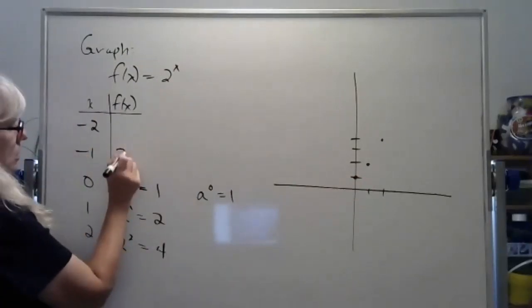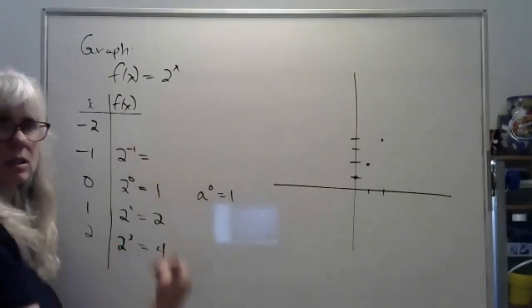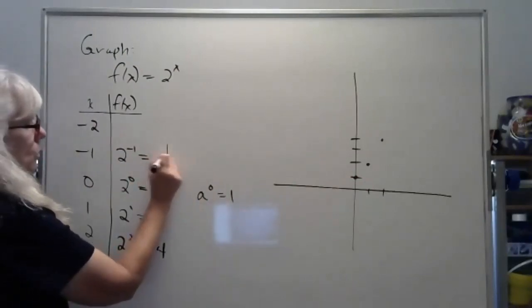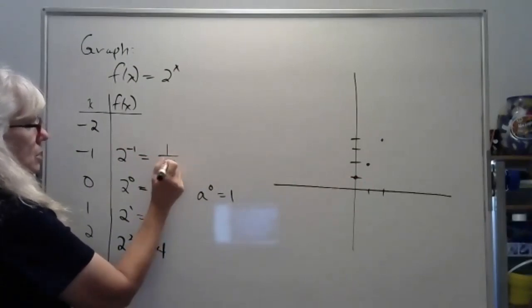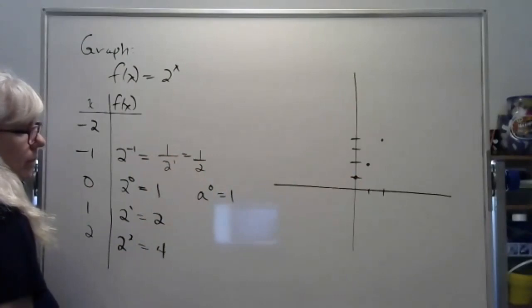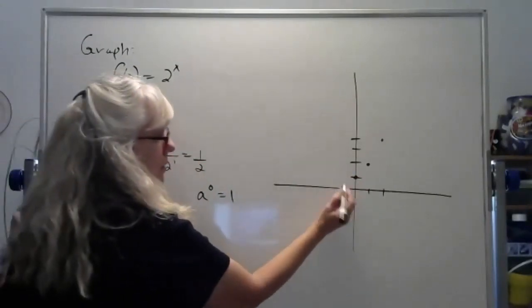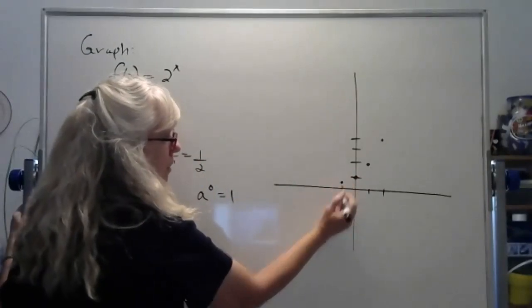So this is 2 to the -1 power, and a negative exponent moves it to the denominator. So that would be 1 over 2 to the first, which is just equal to 1/2. Does that make sense to everybody? So at -1, we're right there at 1/2.